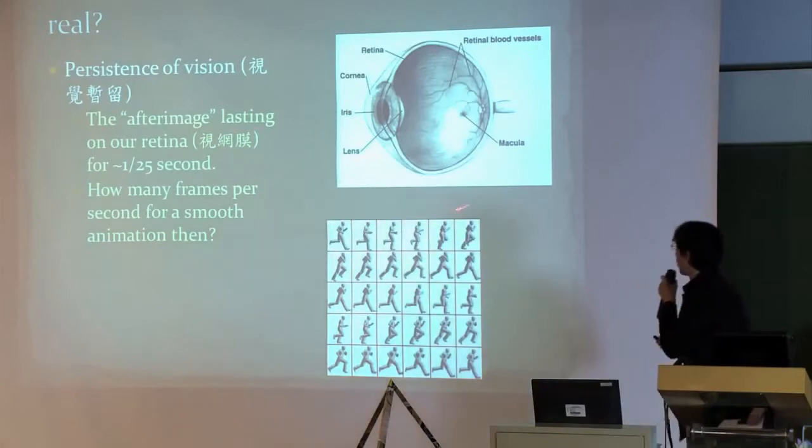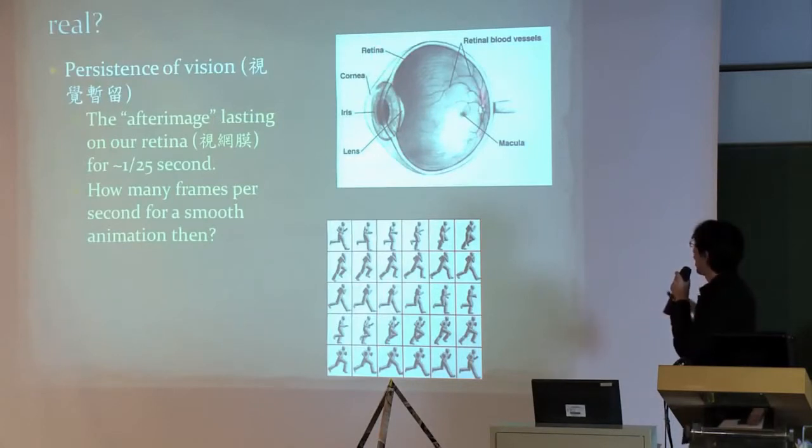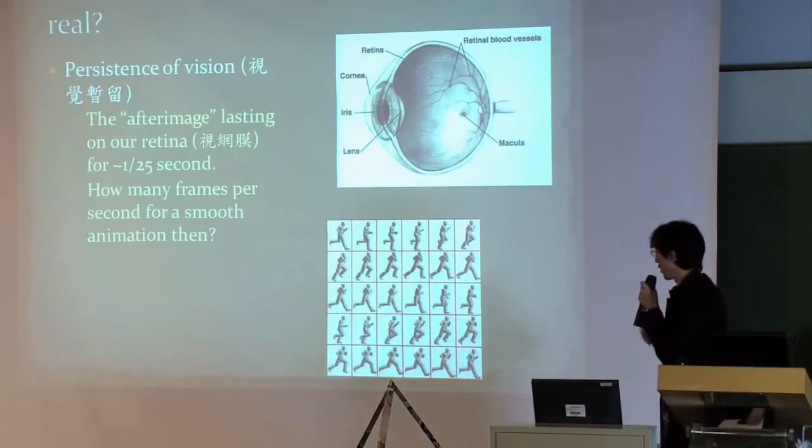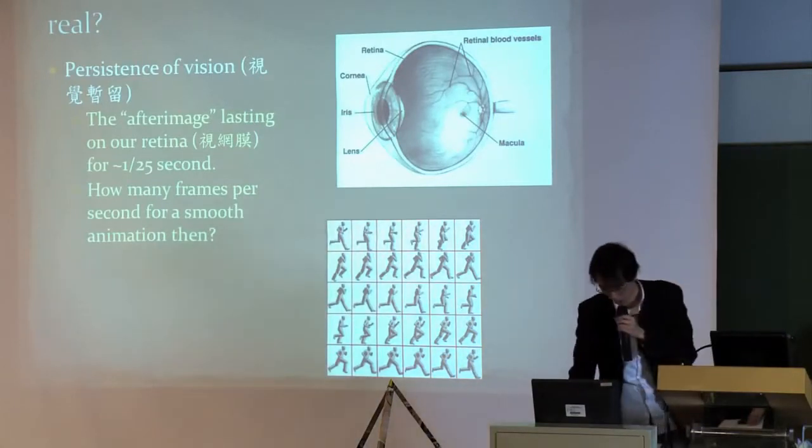I think all of you already know the names of the features in our eyes. The retina collects the light signal, and then the signals go into the optic nerve. This one is trying to show that within 1 second, there are so many pictures put into a sequence in order to give us a very smooth animation feeling.